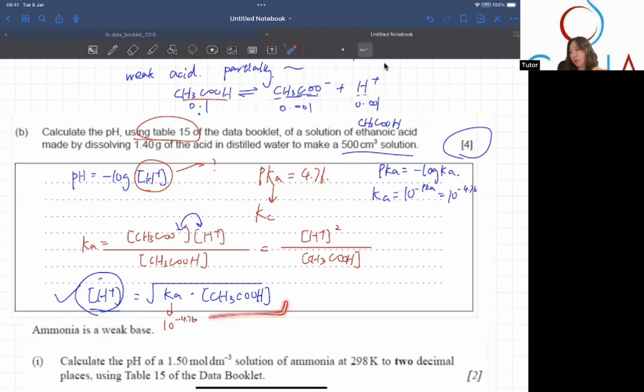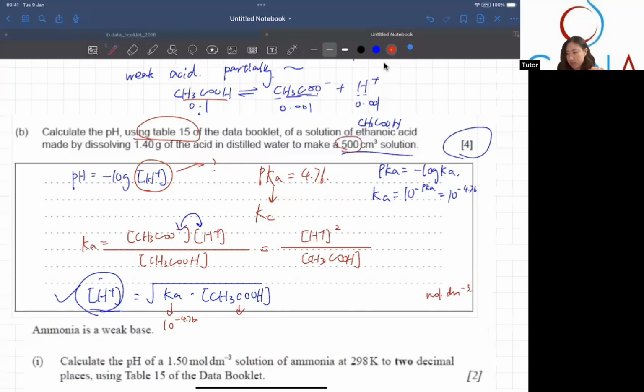And then the last one is the concentration for the ethanoic acid. Okay. So here they mentioned that they made a solution of ethanoic acid by dissolving 1.4 grams of the ethanoic acid in distilled water. Here the thing is that whenever we mention the concentration, it has to be in mole per dm cube. So for 1.4 grams, we need to convert it into moles first, and then divide it by the volume of the solution.